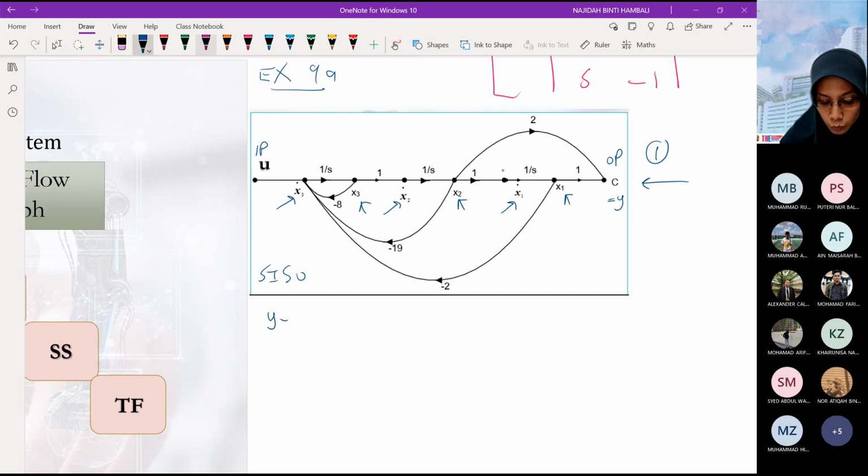Okay, in this case you have to construct your equation for Y or C. Y equal to C equal to, okay. So C sama dengan apa? Keluarkan equation daripada signal flow graph class. Anyone would like to try? C equal to X1.